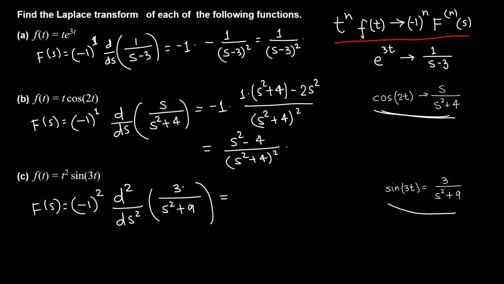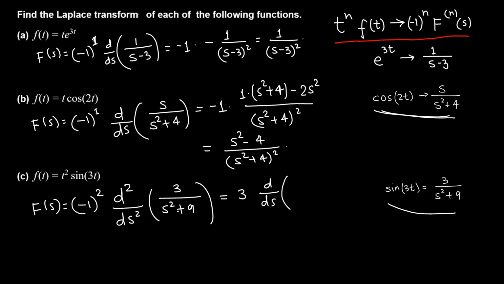We can pull the 3 outside, by the way. For 1 over a function u, we know the derivative of 1 over u is -1 over u squared times u prime. And we need to do it twice. So we get the 3 outside, 1 over s squared plus 9, and we have to do one more time, d over ds.